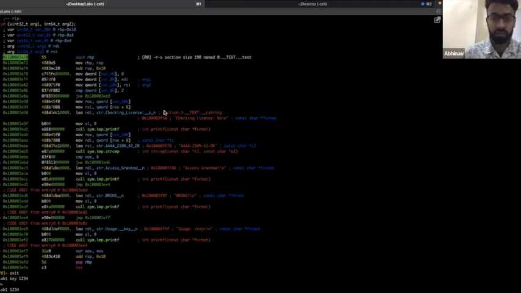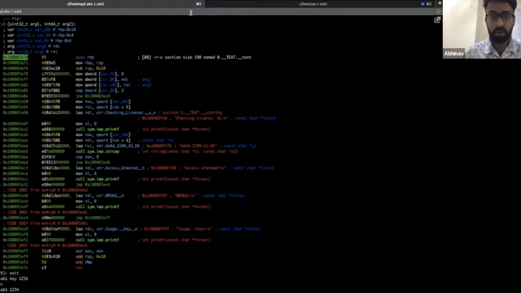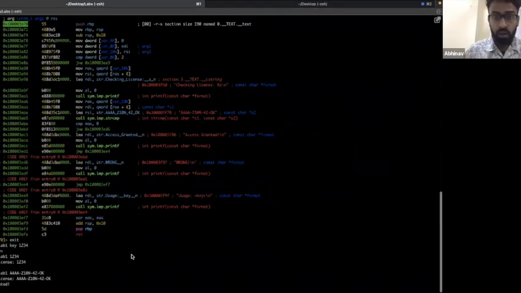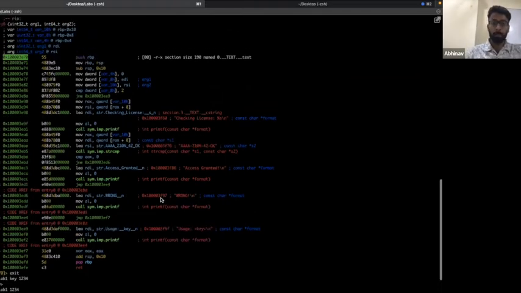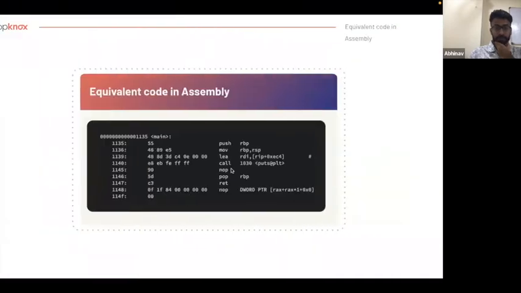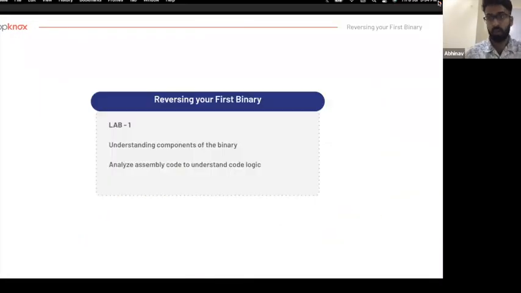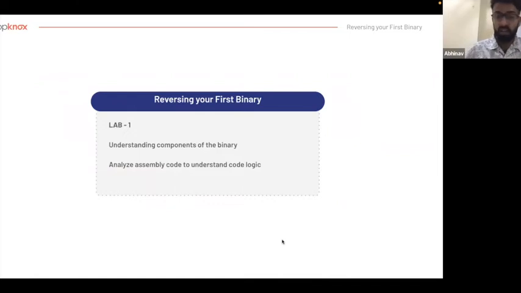I didn't get the second question. How do you close this? Any other questions apart from this in how we analyzed this binary to make sense of the code? All right. If there is nothing else, then we will move on.